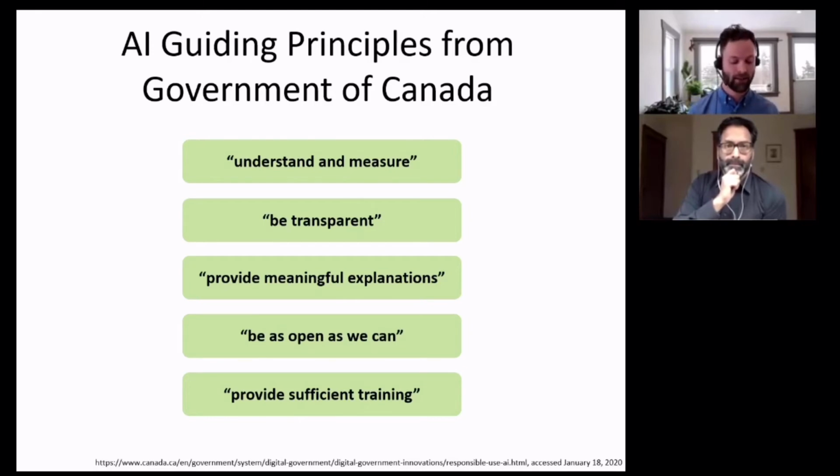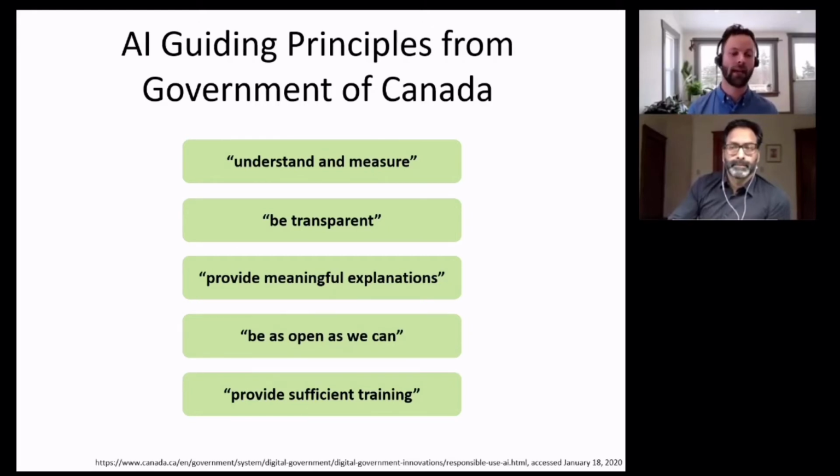And the third one is providing meaningful explanations about AI decision making, and reviewing the results and challenging the results to make sure that we have accurate and beneficial algorithms. The fourth one is being as open as we can by sharing the source code, which should be challenging when a company spends years, money, and resources on developing a tool.